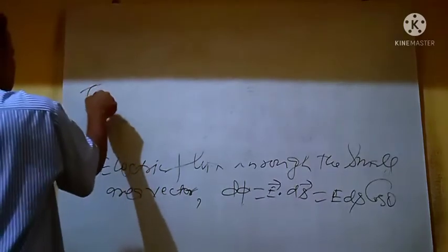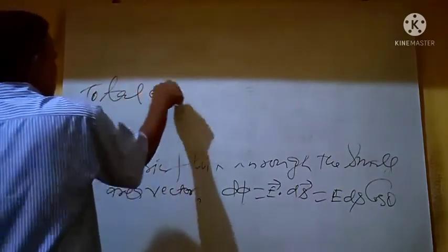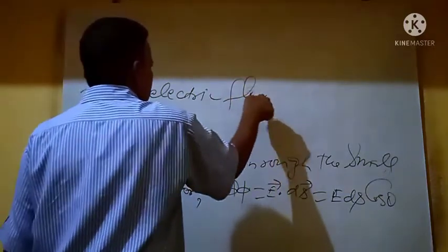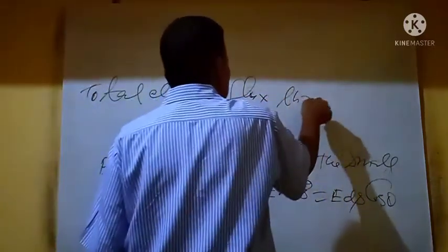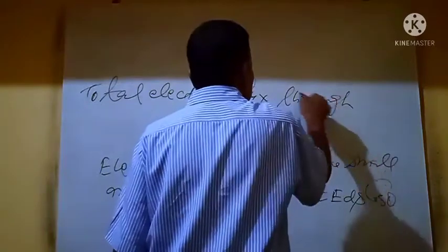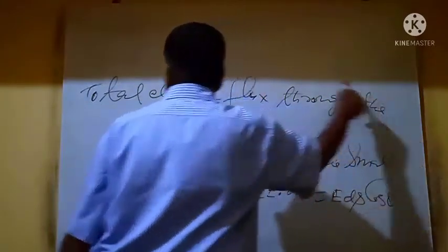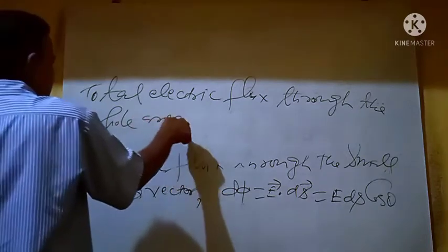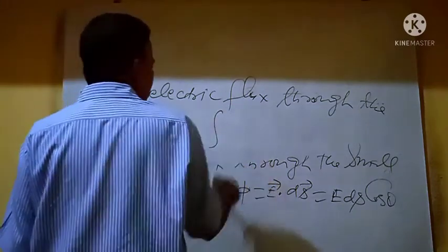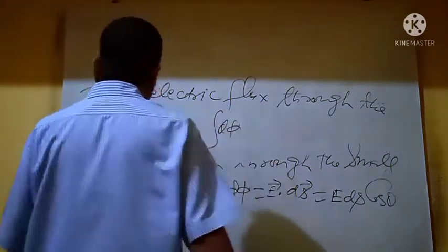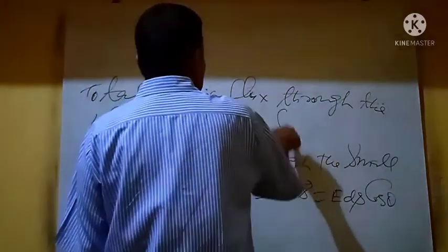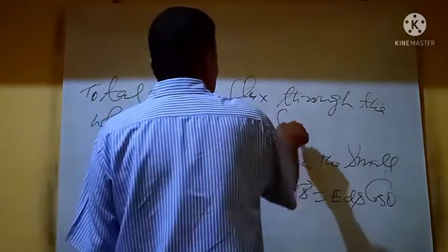Total electric flux through the whole area: integration of d phi is equal to integration of E dot ds.